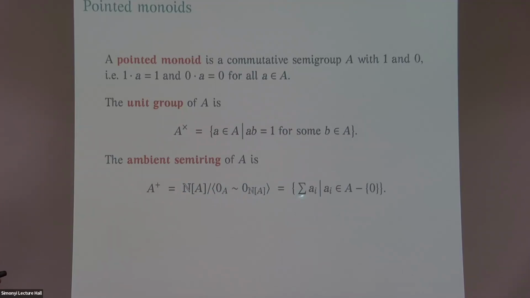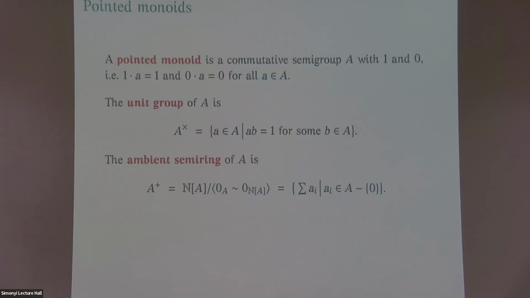More explicitly, these are finite formal sums of elements in A that are not 0. So 1·a is a, and 1 is neutral.